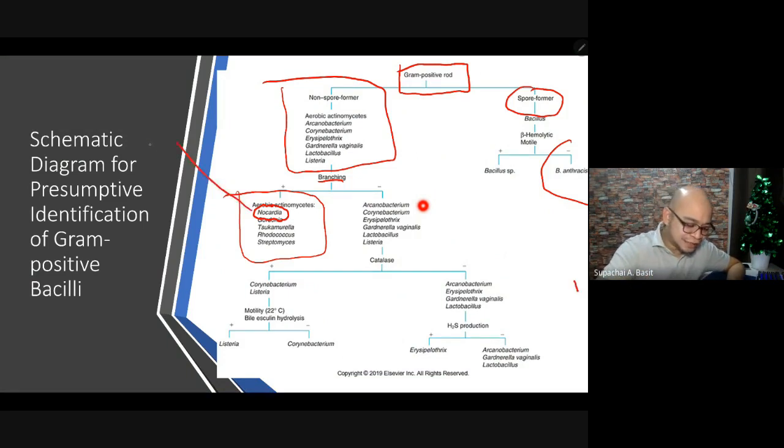Nocardia is an example of a slightly acid-fast bacteria. Under the non-branching, non-spore-forming gram-positive bacilli, we have Arcanobacterium, Corynebacterium, Erysipelothrix, Gardnerella, Lactobacillus, and Listeria.